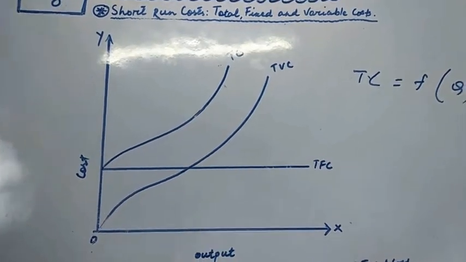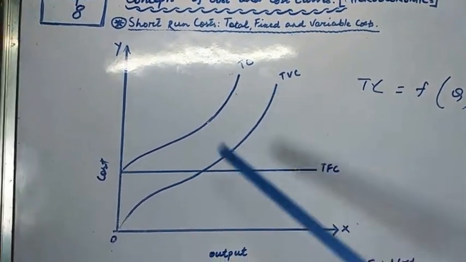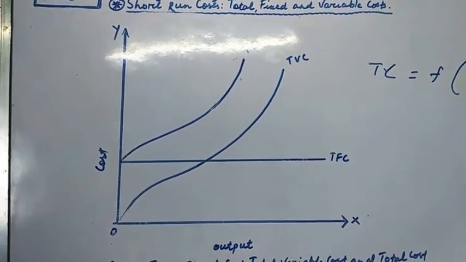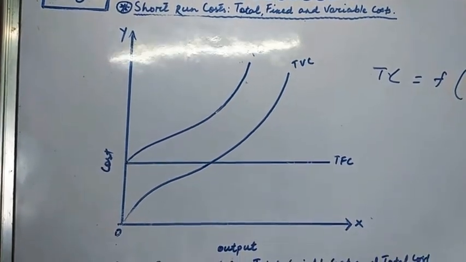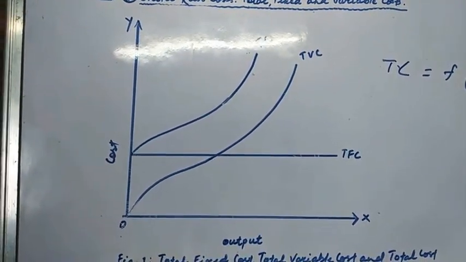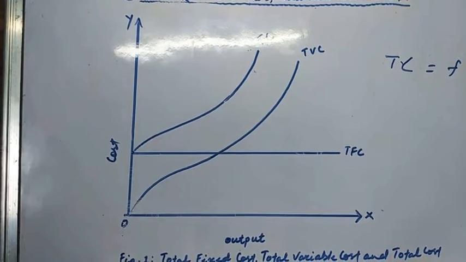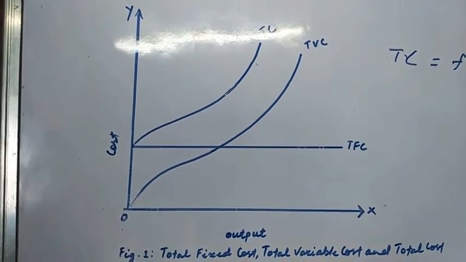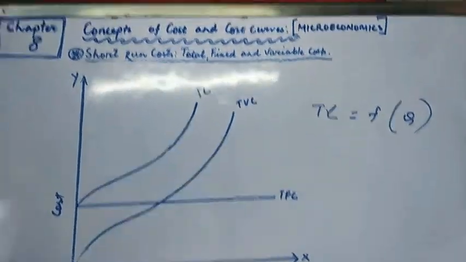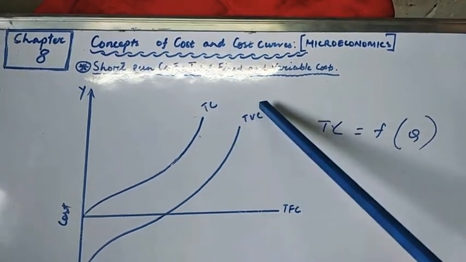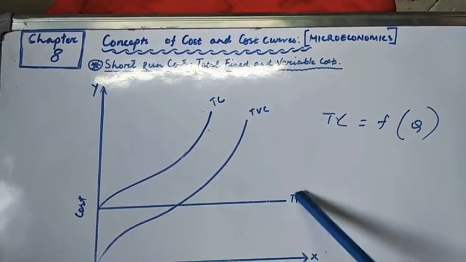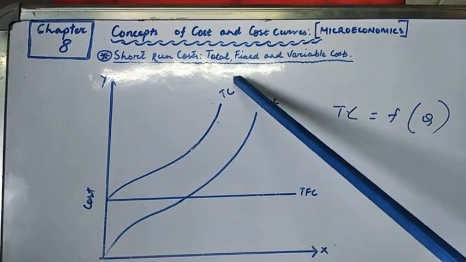This TC is obtained by adding up the horizontal total fixed cost curve and the total variable cost curve. That is how we obtain the total costs.